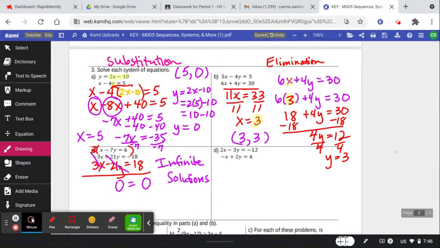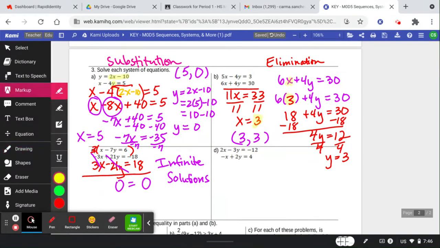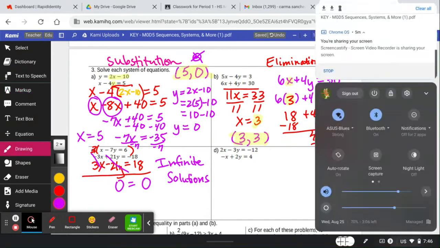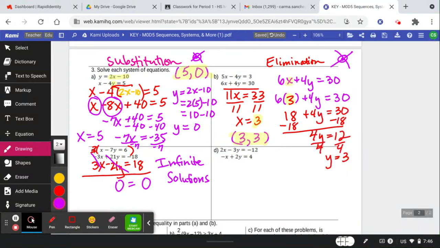Okay, so if up here, in this example, we only touched in one place at 5, 0, imagine those two lines and how they intersect at one place. So if this next one over here touched at 3, 3, imagine that there's two lines and they intersect only at one place, right? At 3, 3. So then this one has infinite solutions. What would that look like?